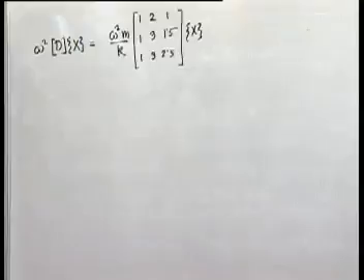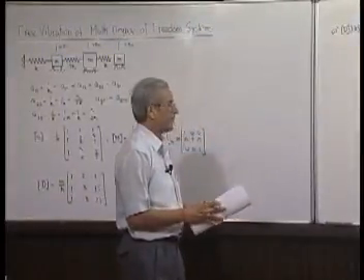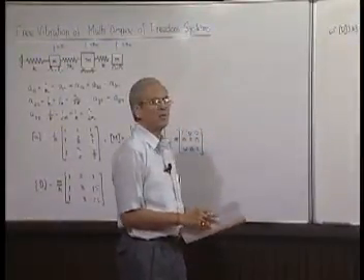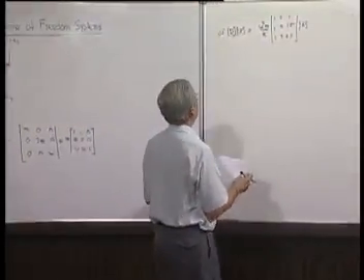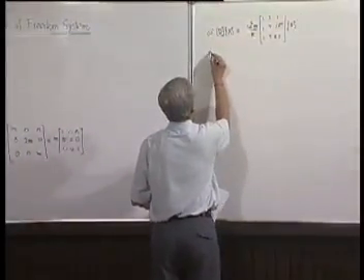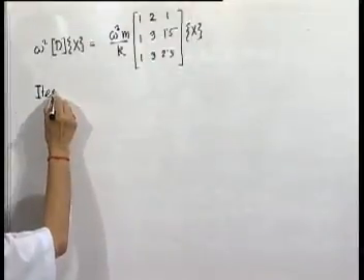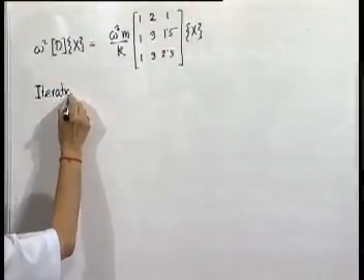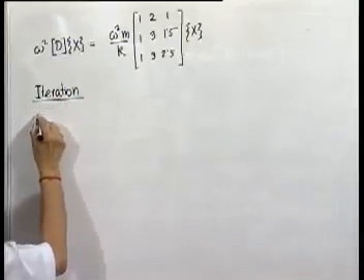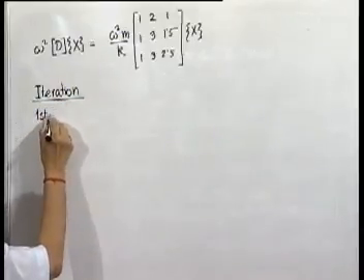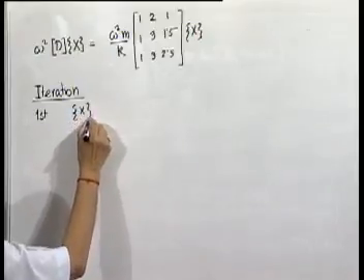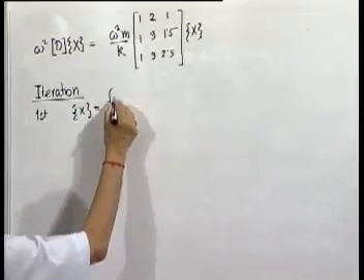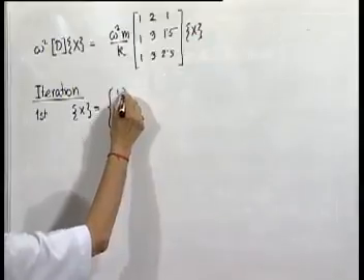Now, the first step, we can start with anything, any assumption on x. Iteration process, let us start. First assumption, for x, the simplest, let us take as 1 1 1.